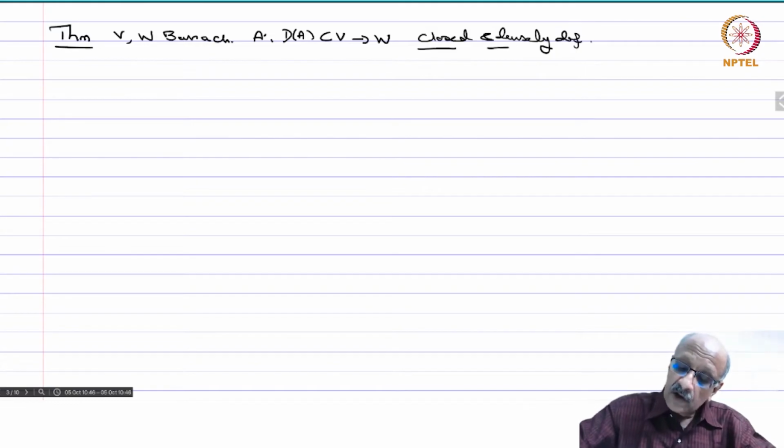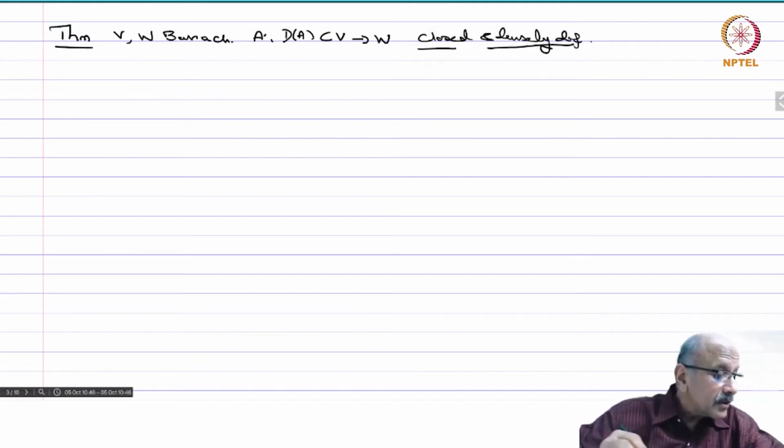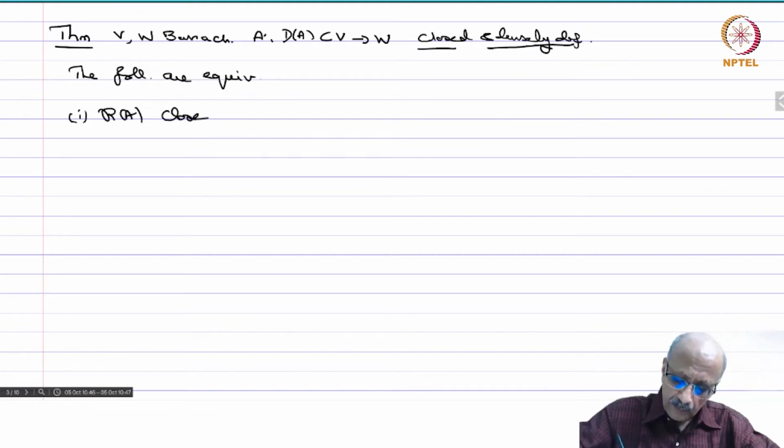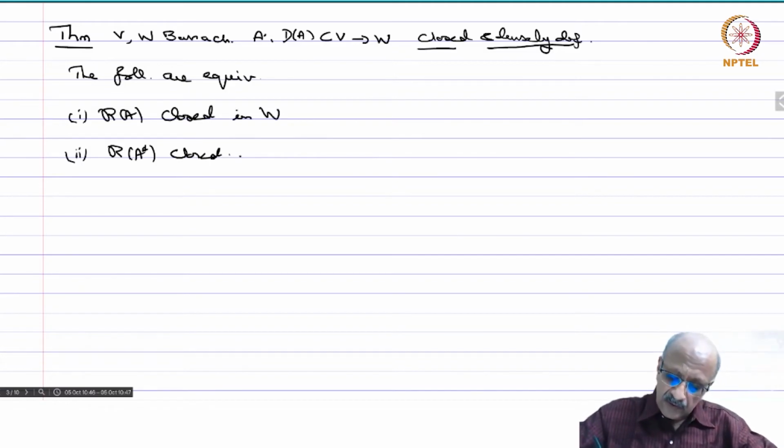So the previous corollary is true, so in particular, the following are equivalent. One, range of A is closed. Two, range of A star is closed. So this range of A is closed in W, range of A star is closed in V star.